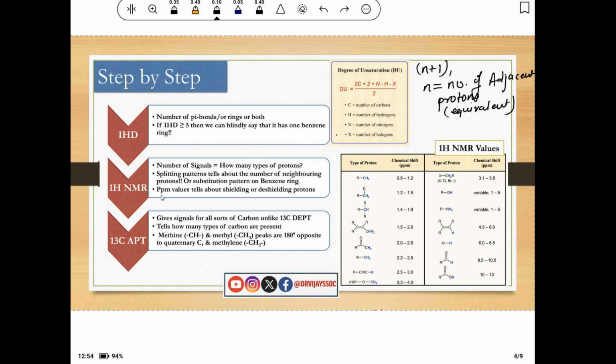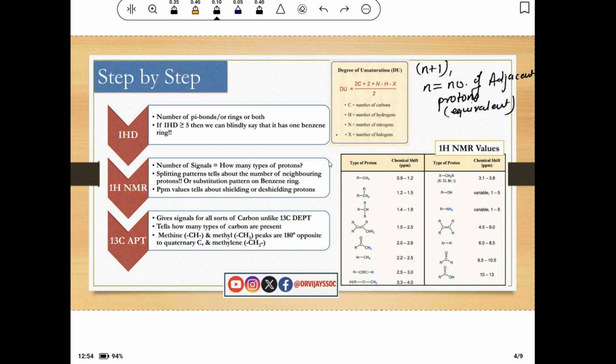And then we will also understand some chemical shift values of the protons, which will give information about shielding and de-shielding of the protons.